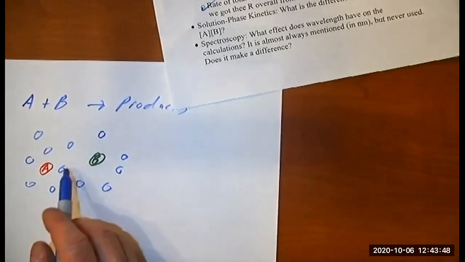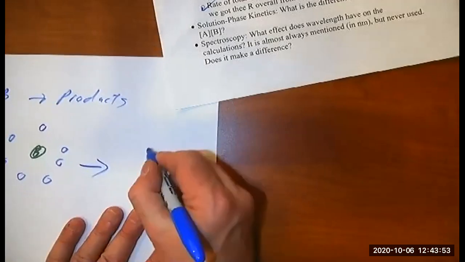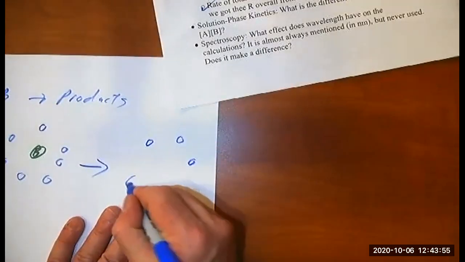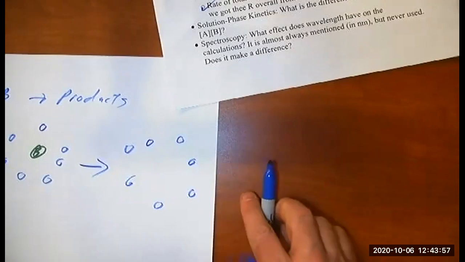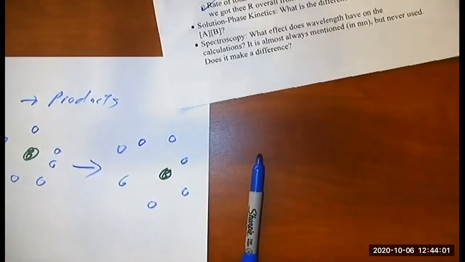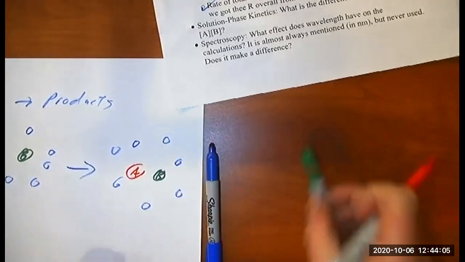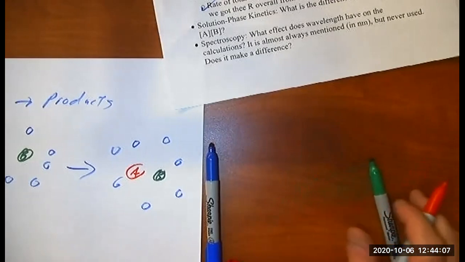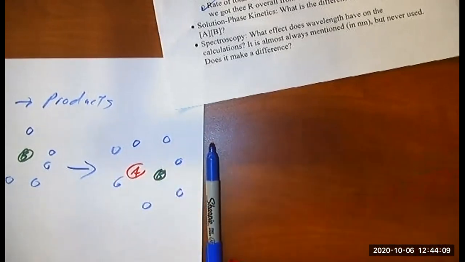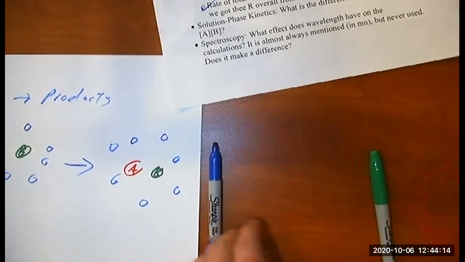And then occasionally they will run into each other to form what is called an encounter complex, where there is essentially a solvent cage that is holding the A and the B in close proximity to each other.